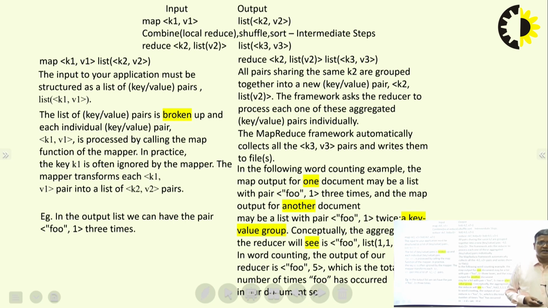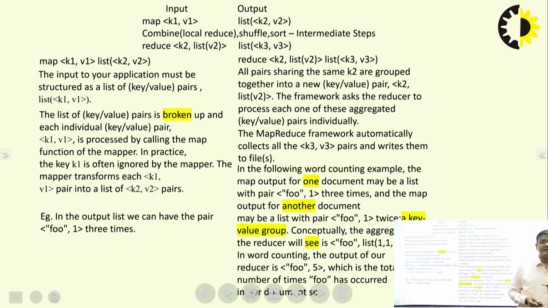Now in the following word counting example, the map output for one document may be a list with pair foo comma 1 three times, and map output for another document may be a list with pair foo comma 1 twice. So this is a key value group.